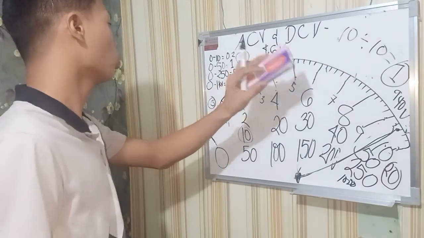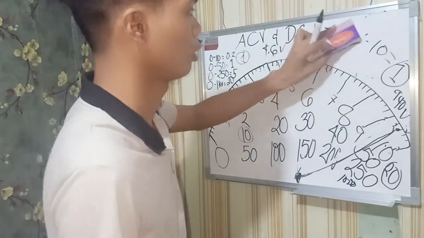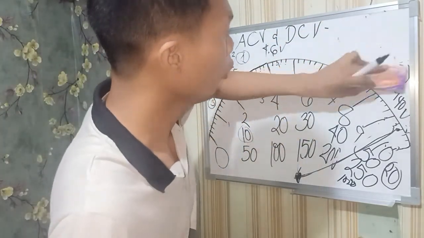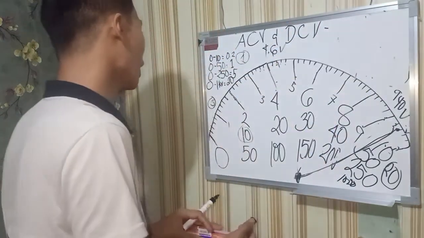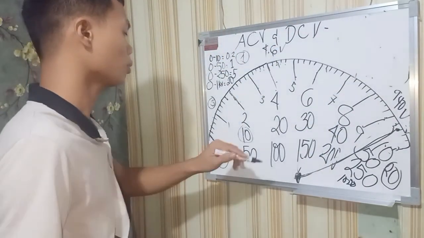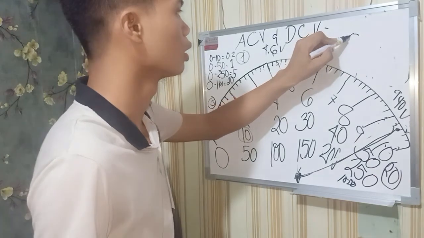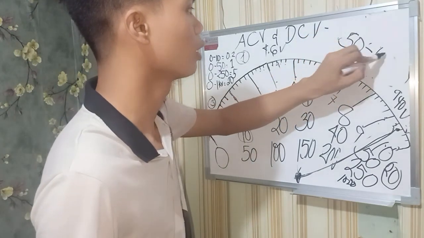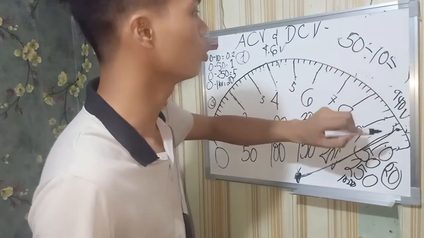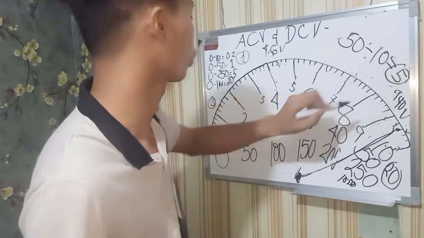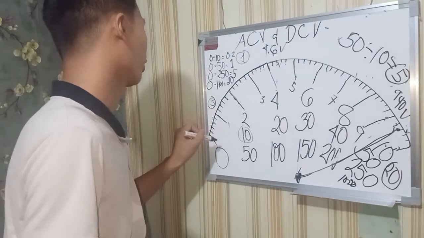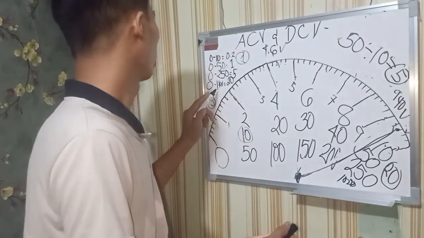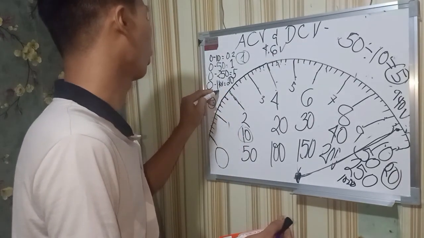In 250, 50 divided by 10 is equal to 5. So each graduation contains 5. How about 1,000 volts?